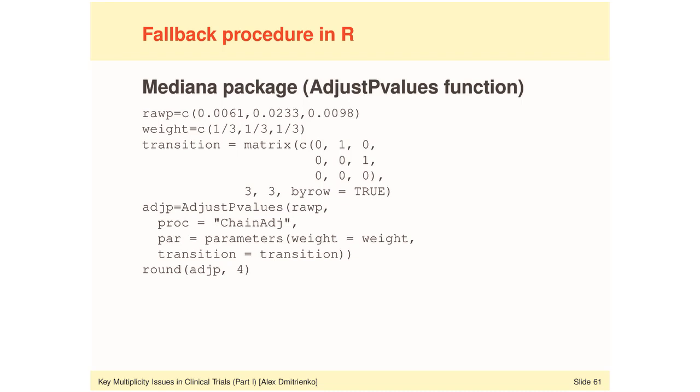The last parameter, par, is an optional parameter. This parameter defines other parameters that may be required by specific multiple testing procedures. In this particular case, this optional parameter is actually a list, and it includes the vector of hypothesis weights and the matrix of transition parameters for this fallback procedure that we defined on slide 60.